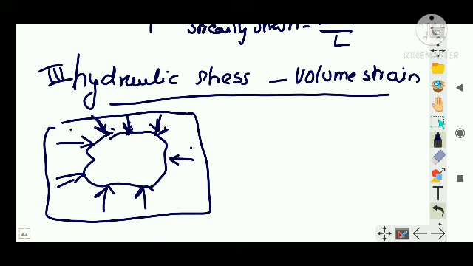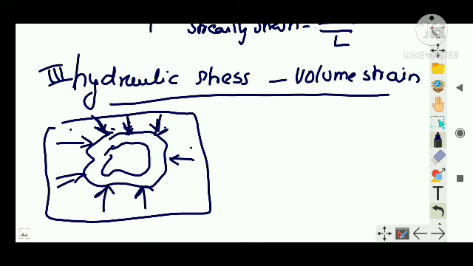So now this object will shrink, not the shape but its volume will be shrinking, right? This type of shrinking is known as volume strain, because its volume is changing. And this type of stress is known as hydraulic stress, because it happens in liquid form. Here uniform compression is happening from all the sides. The shape is not changing, only the volume is changing, right?